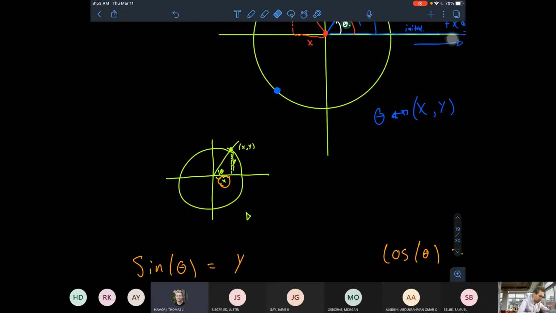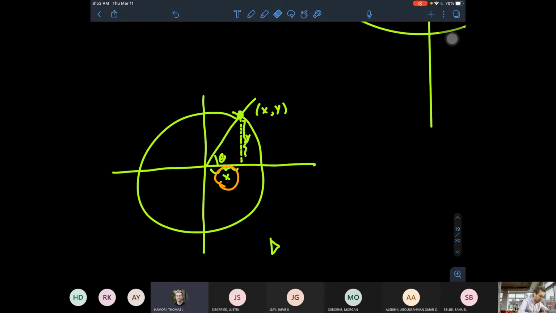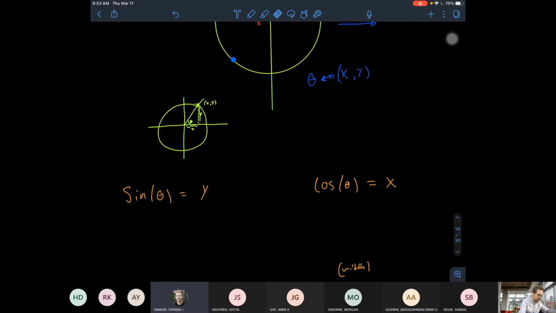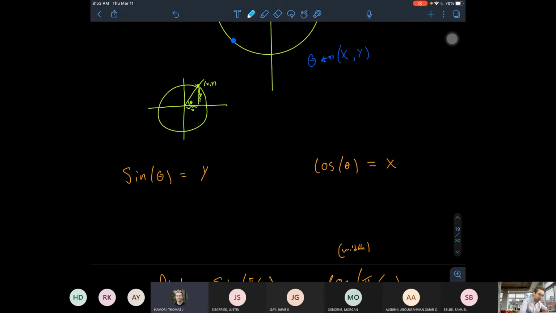Okay, so, oops, I want to get rid of that. Here's what we learned was the following. We have that p of theta is equal to x comma y.